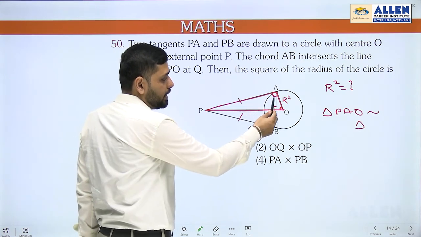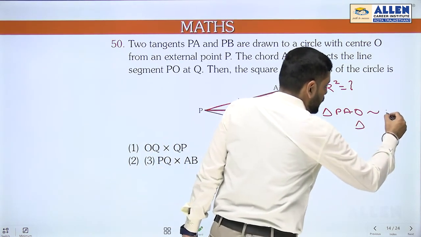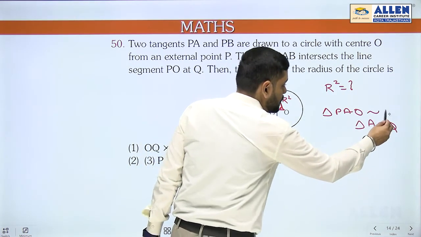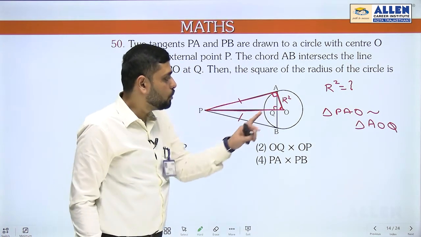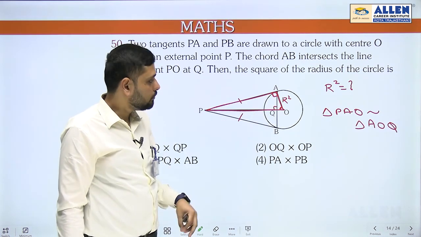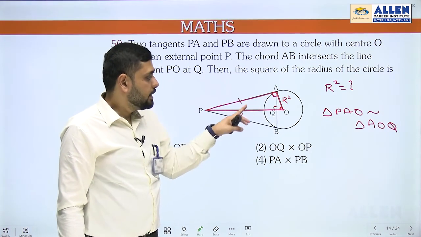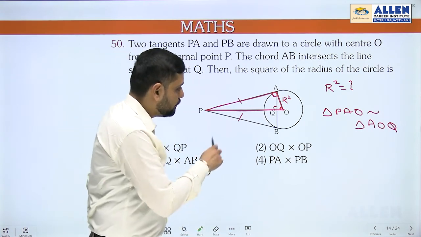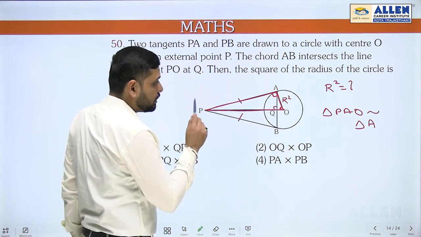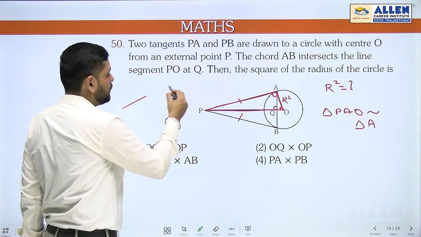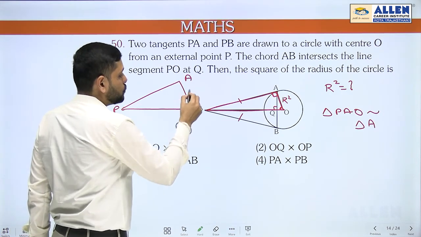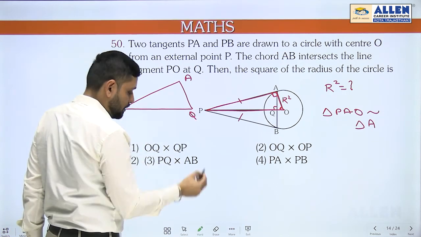We need to check it and change the order here, because the order should be clear. If it's confusing, then you need to make the figure separately to get it clear which two angles are equal.